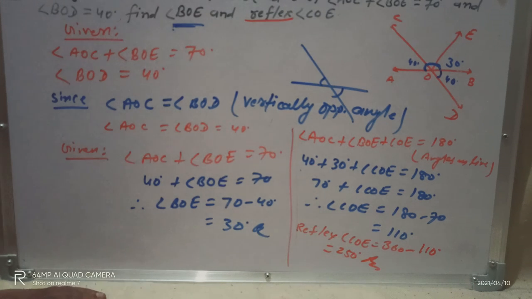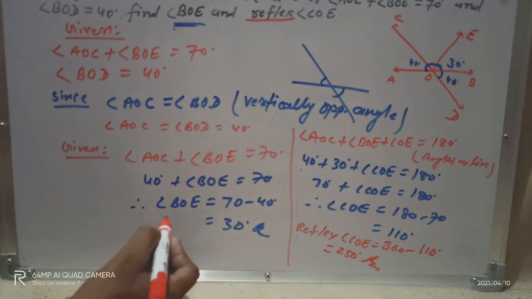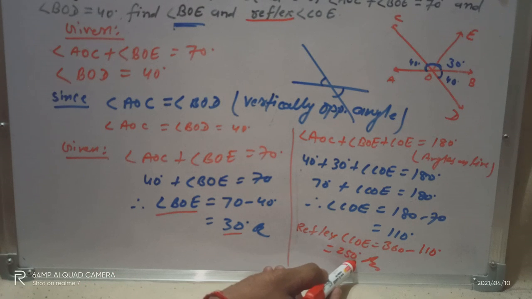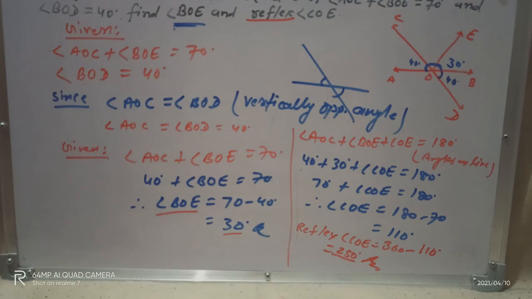This will be your answer. So angle BOE is 30 degrees, and reflex angle COE is 250 degrees.